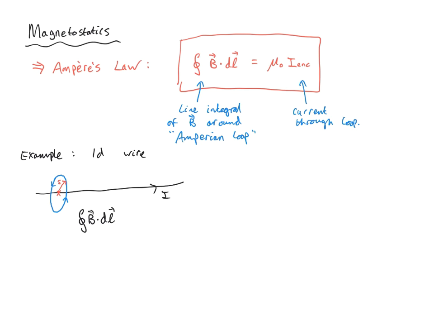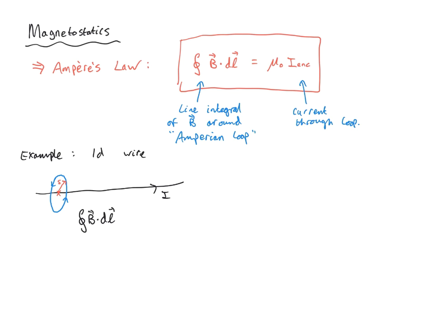Why? Because we know from Ampere's law, and we know from the Biot-Savart law, that the magnetic field curls according to the right-hand rule around the wire. So if we have a circular loop centered on the wire, then at every point the magnetic field is going to be parallel to the path that we take.